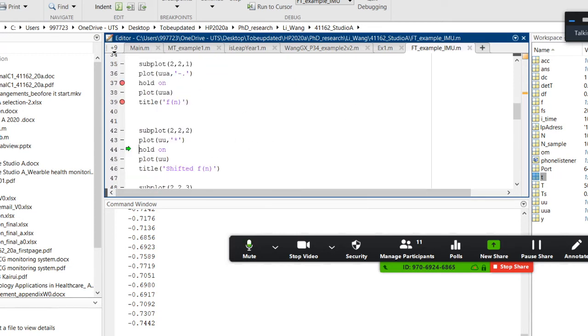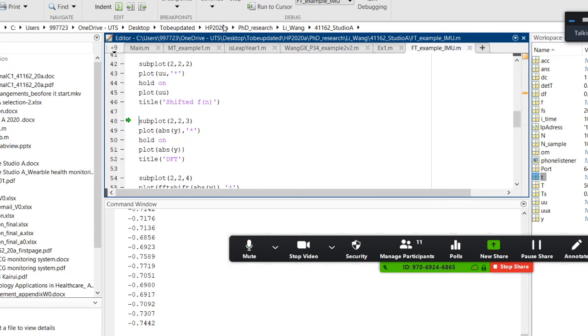But don't worry, this is not hard. You can see this video as well. After plotting this one, we hold on, and we plot UU. Actually, this one is just the start point, and I give where I get the data, and then I connect all the points using plot UU. Hold on, and then I give a name called shifted fn.